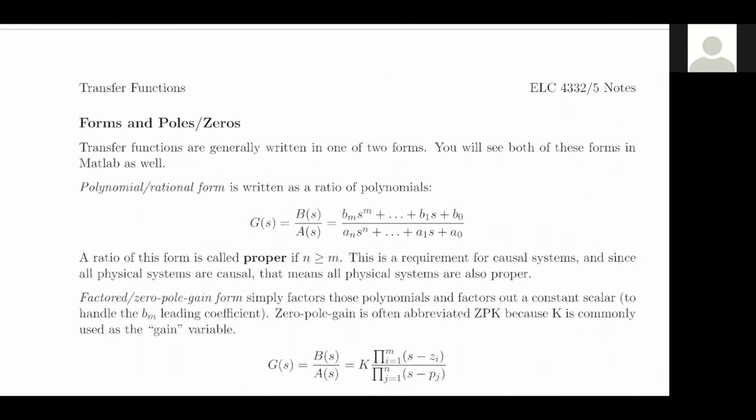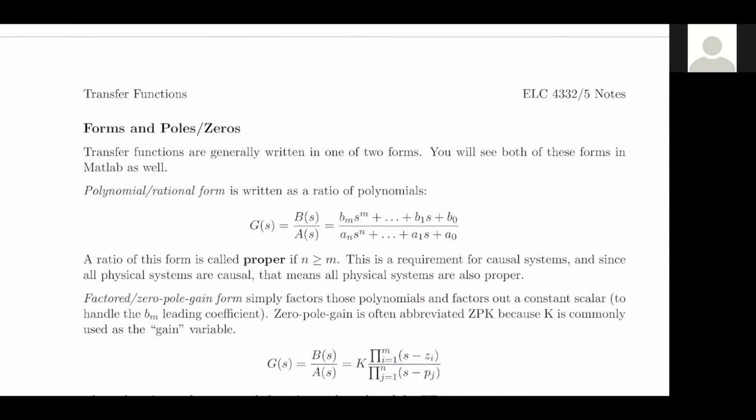Next, remember this Laplace transform property. If I take a look at dx(t)/dt and take the Laplace transform of that, that gives me s times X(s).